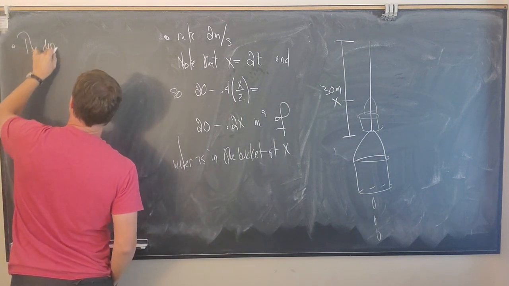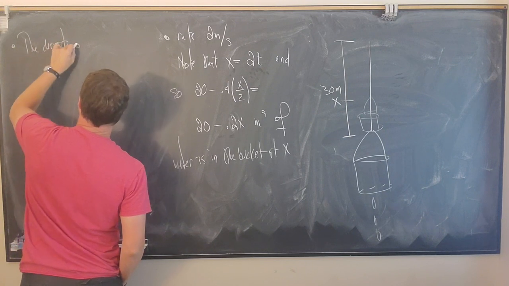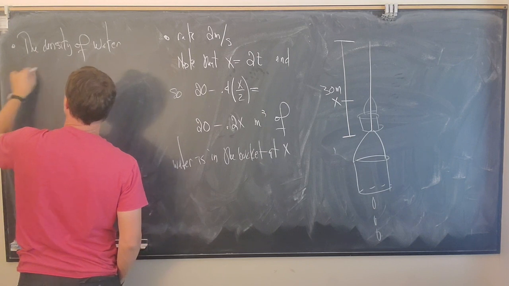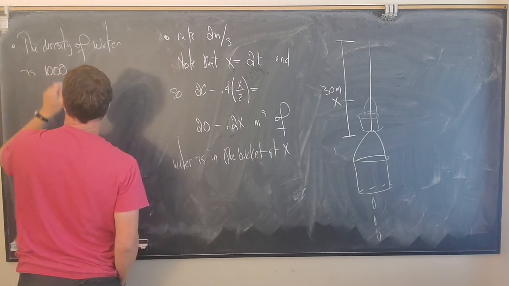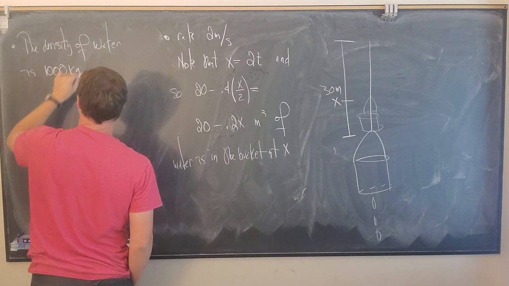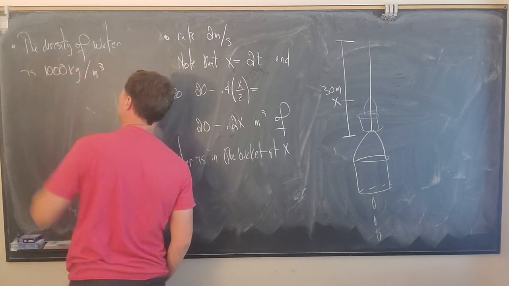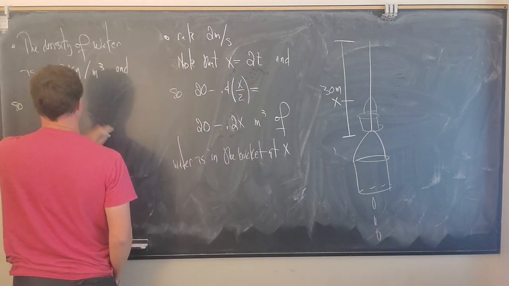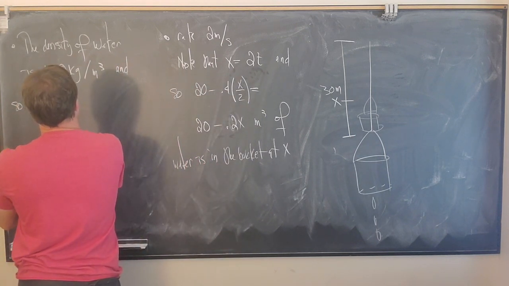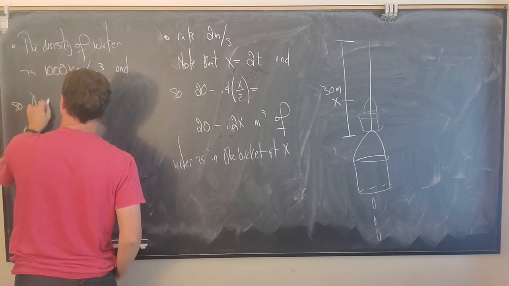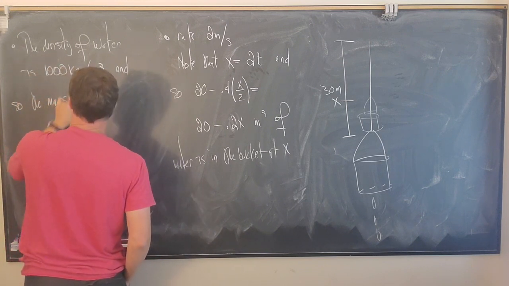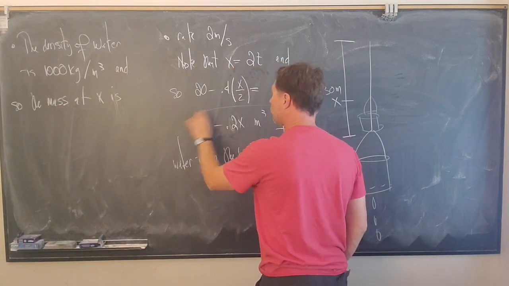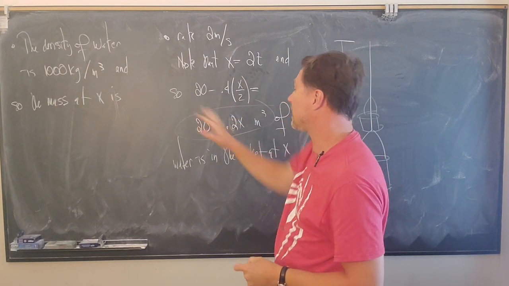The density of water is 1,000 kilograms per cubic meter, and so the mass at position x is, so what I'm going to do, I've got volume right here, I'm going to multiply it by density, that will tell us the mass.